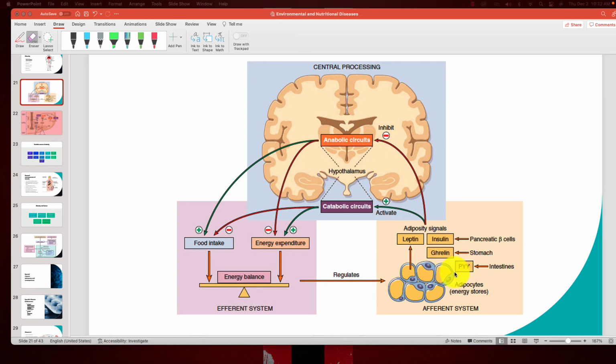So when we have the expansion of fat tissue because we're taking in too many calories, the expansion of this tissue also changes how these signals are sent. So in this main component, in this afferent system, that has adipose tissue.